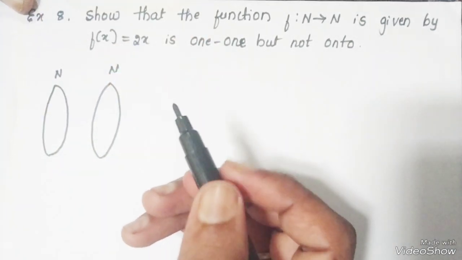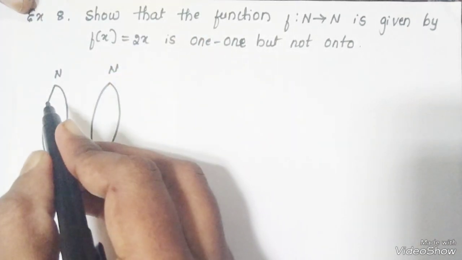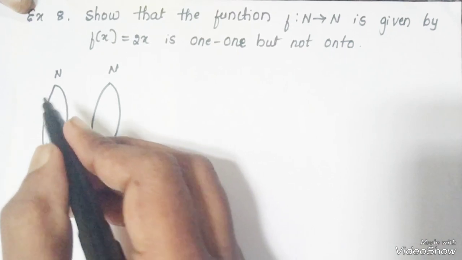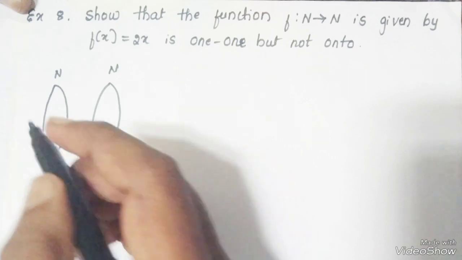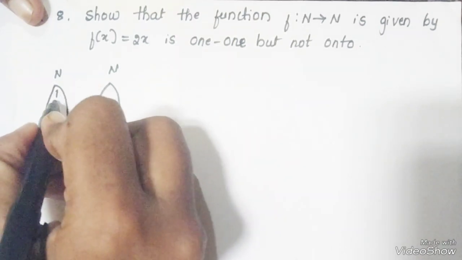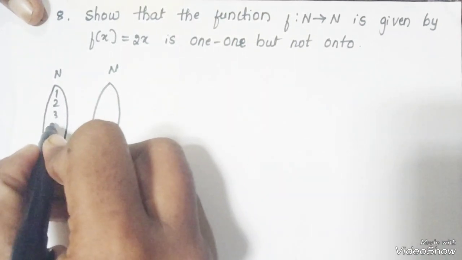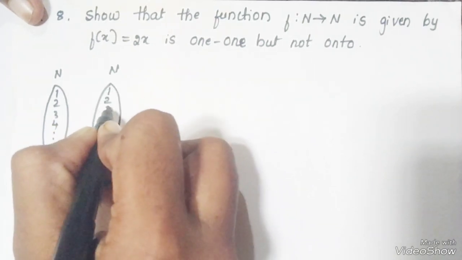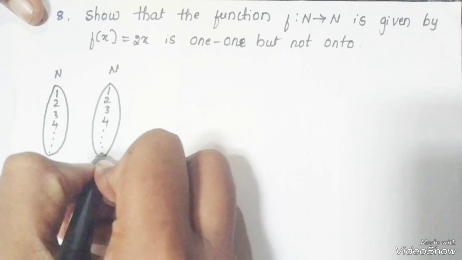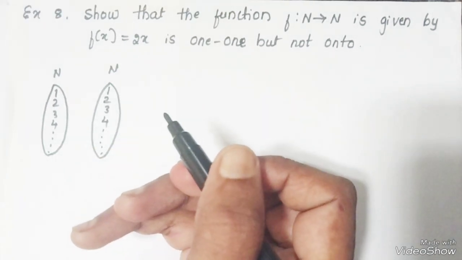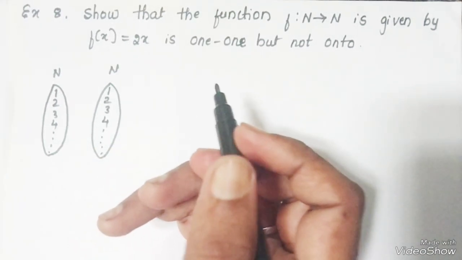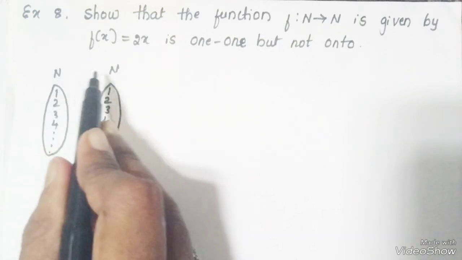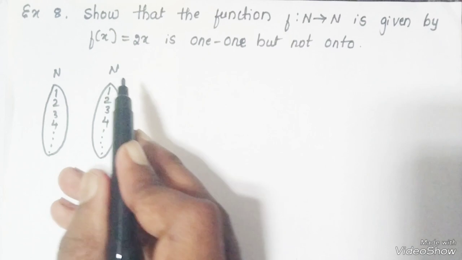In this natural number set, the numbers start from 1 up to infinity, all positive numbers: 1, 2, 3, 4 and so on. One thing should be remembered here: both domain and codomain are equal.